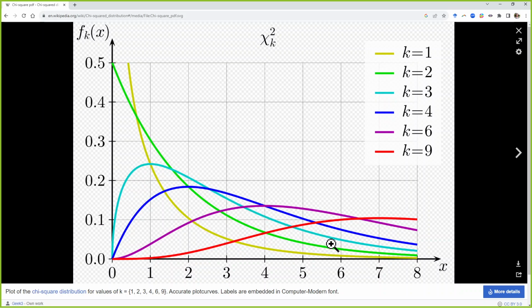Cyan? I know. Yes. Okay, cyan is for 3 here, and that one is 7.82 is where 5% starts. For 4, that's dark blue here, it is 9.49 is where 5% starts, and so on.